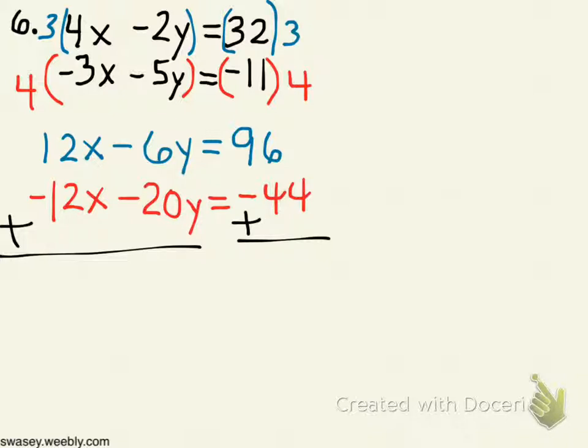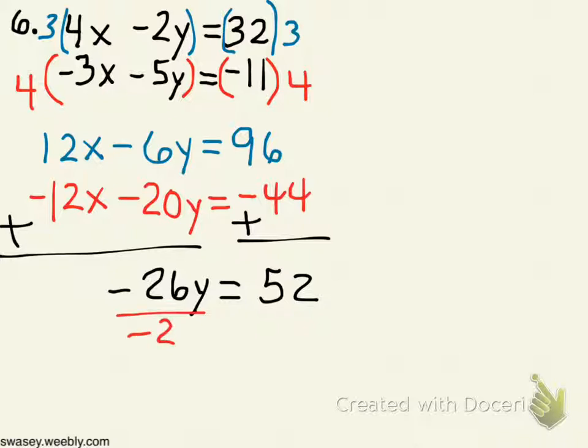Now we'll add our equations together, the x's will be eliminated, so we get negative 26y equals 52. To get rid of multiplying by negative 26, we'll divide both sides by negative 26, and so y equals negative 2.